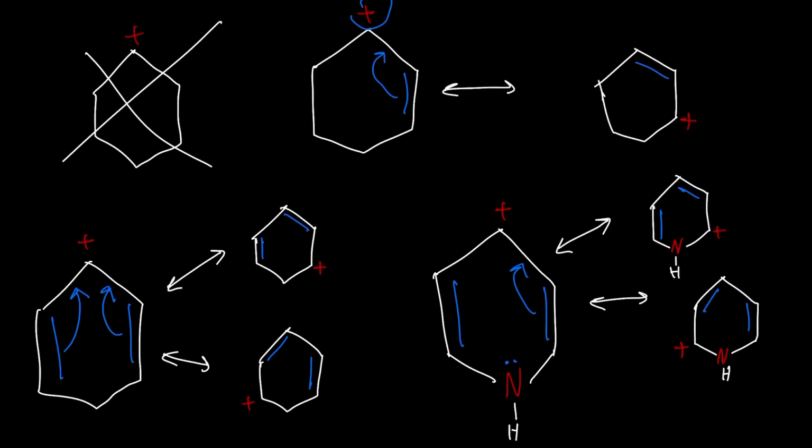But then the most stable resonance structure in this is actually going to be where it could happen off of both of these. We're running out of space a little bit, but I think we're okay. This positive charge can move toward the nitrogen, and then the nitrogen can give its lone pair to form a double bond here.